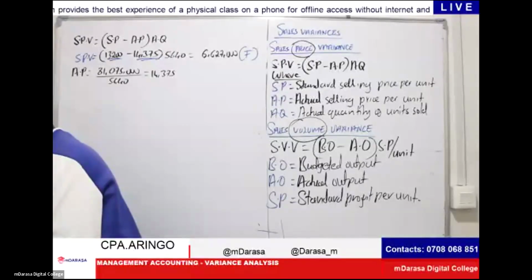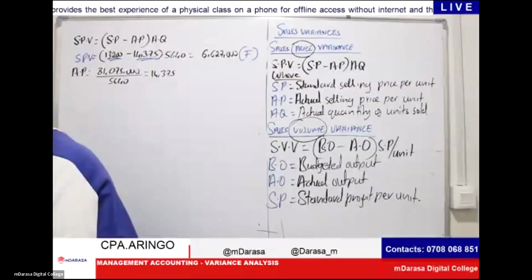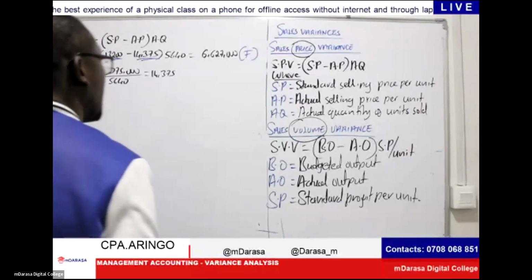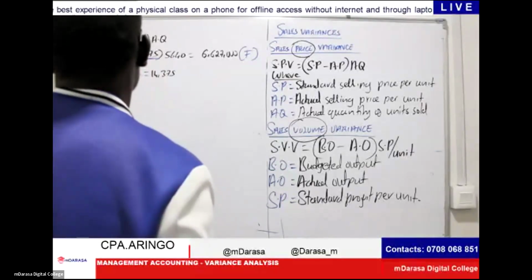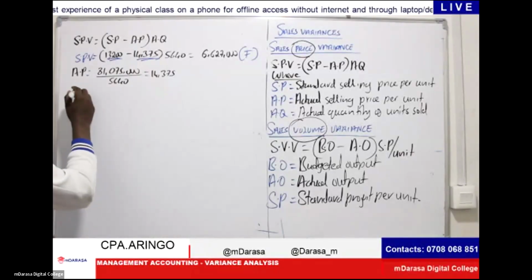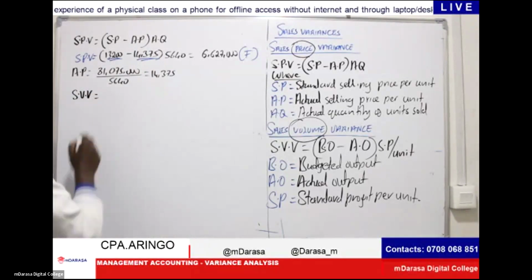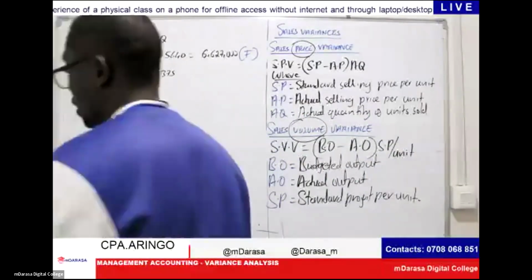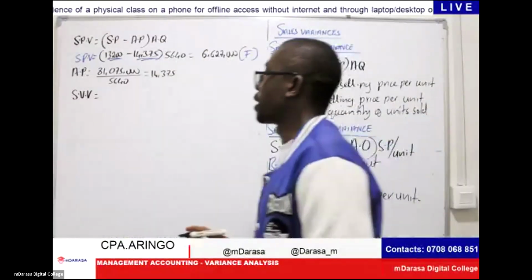Yes. Right. The next item that you are asked to do here is to determine our sales volume contribution. Anytime you talk of contribution, that is to say, we rule out any component of fixed cost. So therefore, my sales volume variance, where the fixed overheads are not absorbed into our production.